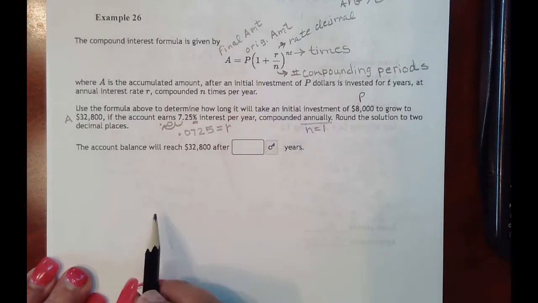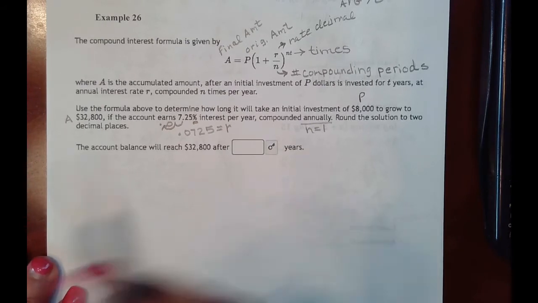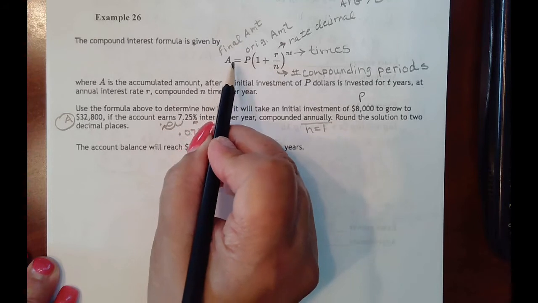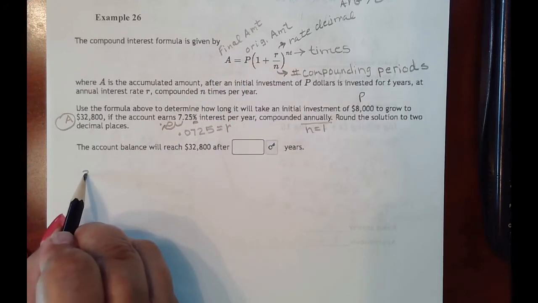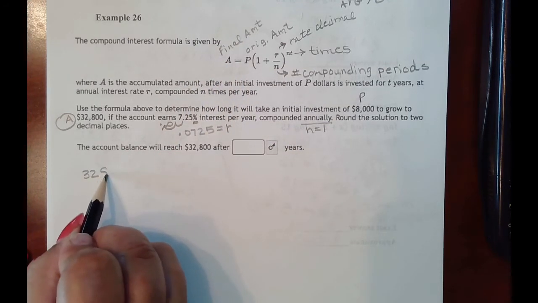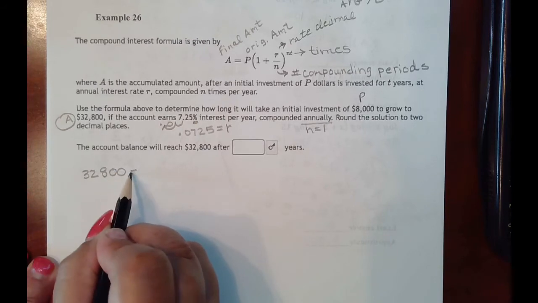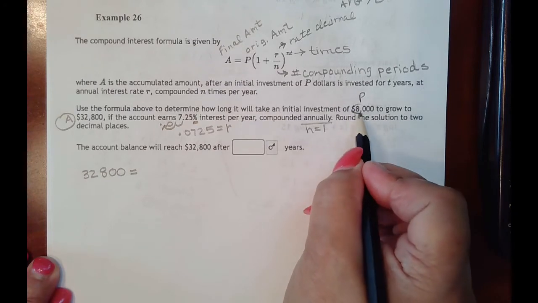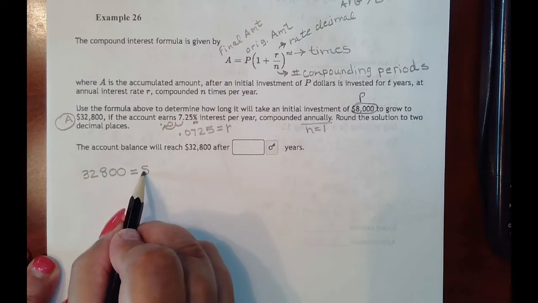We're going to bring this formula down here, start plugging in. Again, final amount is that 32,800, which we're going to put right in there. Principal, or the original amount, was 8,000.